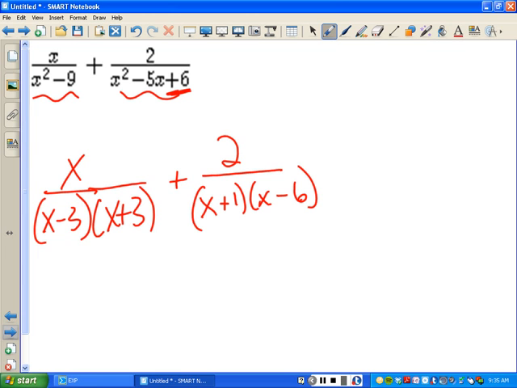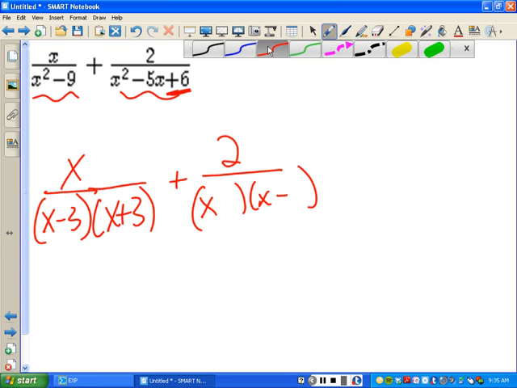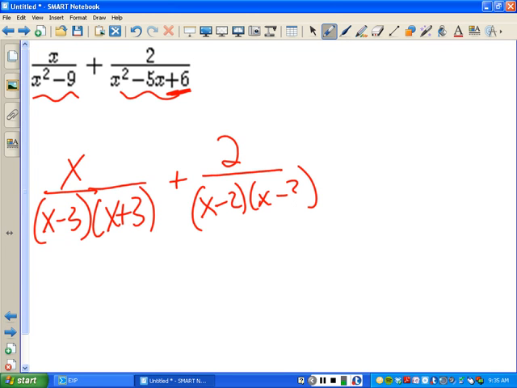Does that give me a positive 6? No. So they should be negative 2 and negative 3. Okay, let's check. Does it work for the middle? Oh, it's because I had negative 2x. I had positive 2 and negative 3. There's your negative 5x. It does work.